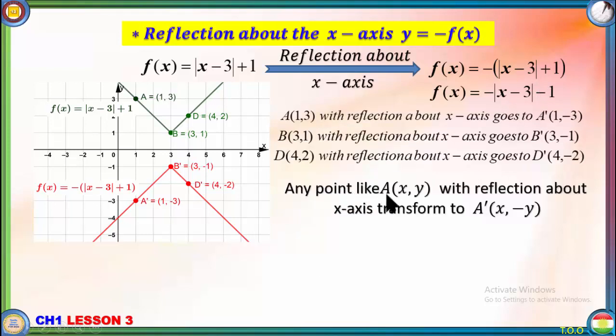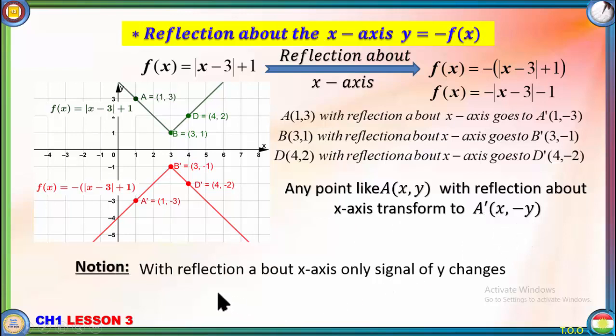Any point like A(x, y) with the reflection about the x-axis transforms to A dash (x, minus y). With the reflection about the x-axis, only the sign of y is changed.